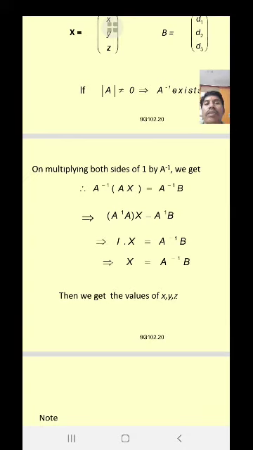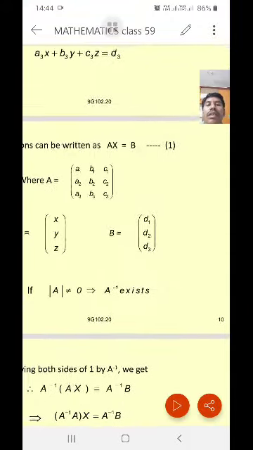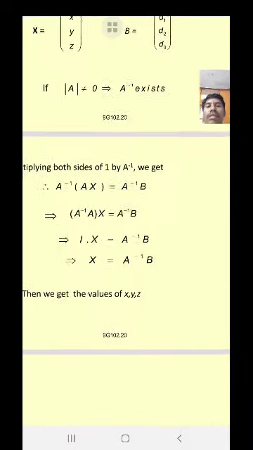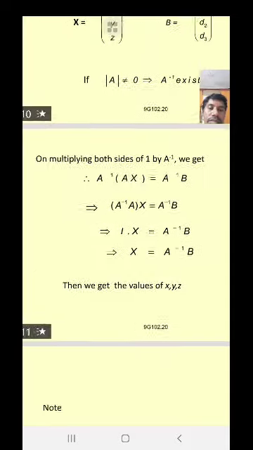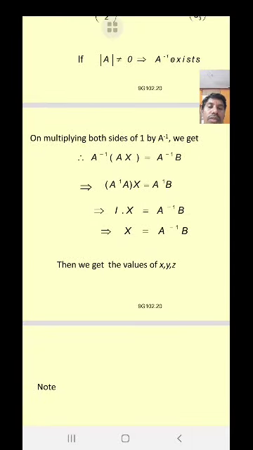On multiplying both sides of equation 1, AX equals B, by A inverse, we get A inverse A X equals A inverse B. Then A inverse into A is I. So I X equals A inverse B. I into X is X, so X equals A inverse B. Then we get the values of x, y, z.